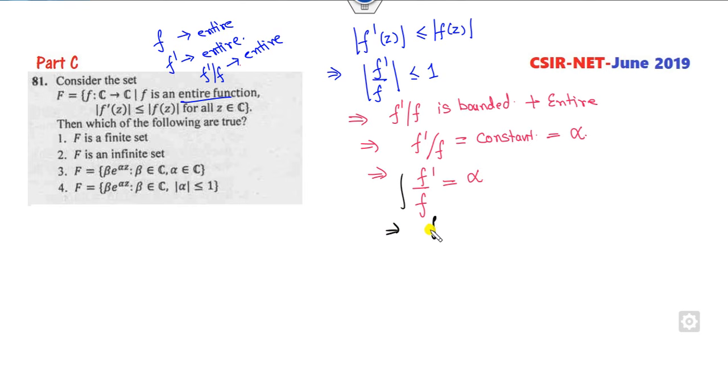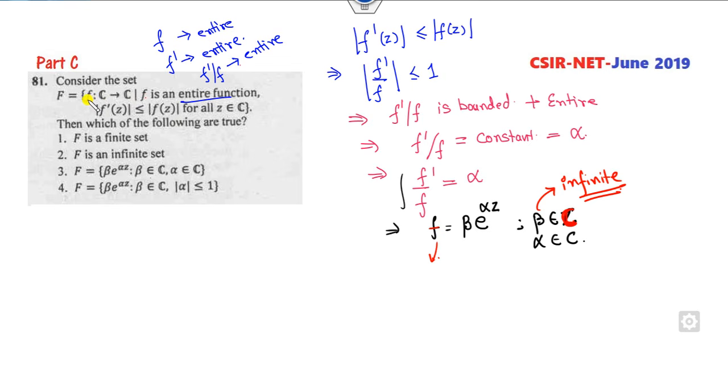So f is another constant, beta, times e to the alpha z, where these are complex numbers. Alpha is also in C. Now since alpha and beta are in C, how many values do they have? Infinitely many values. So f has infinitely many functions.